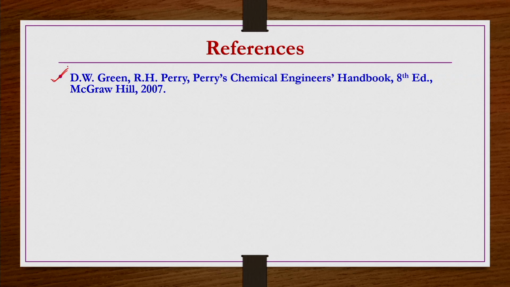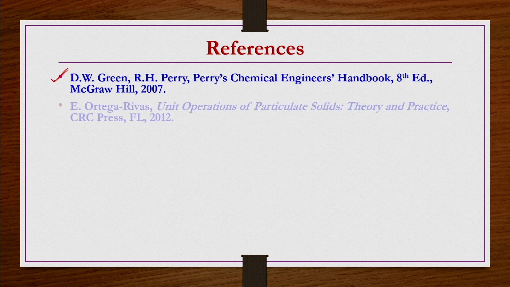Finally, the references. The entire lecture has been prepared from this reference book, Perry's Chemical Engineer's Handbook by Green and Perry. However, some details may also be found in this other book, Unit Operations of Particulate Solids: Theory and Practice by Ortega and Rivas.